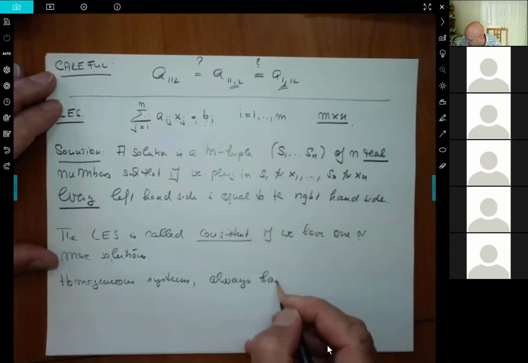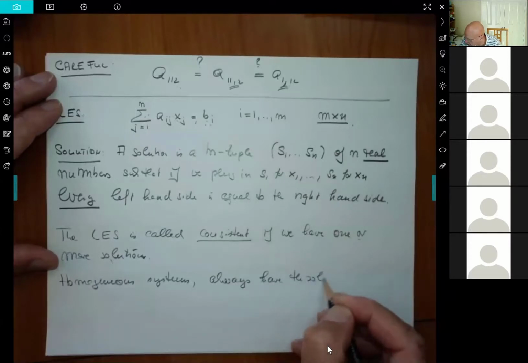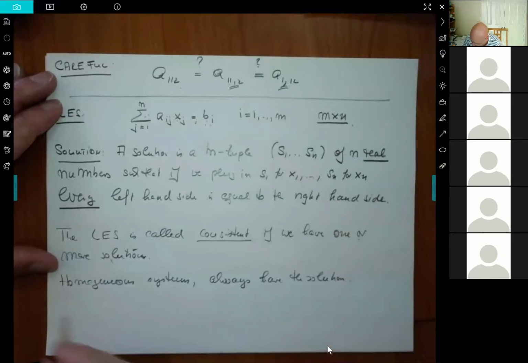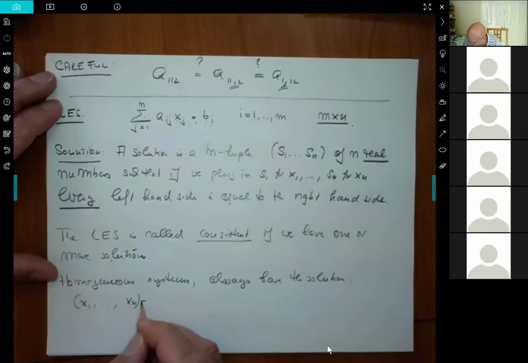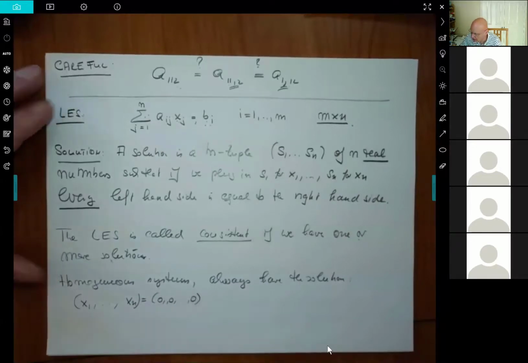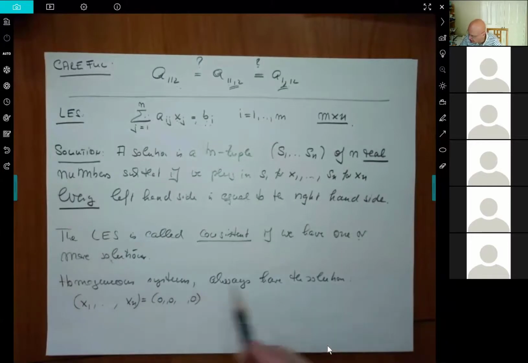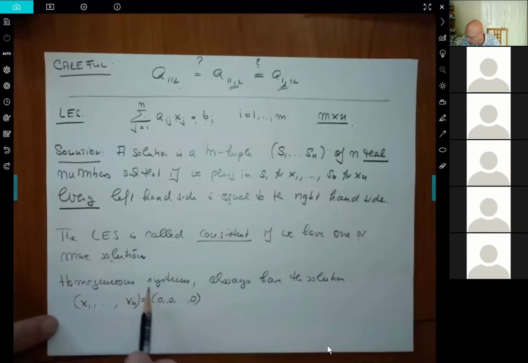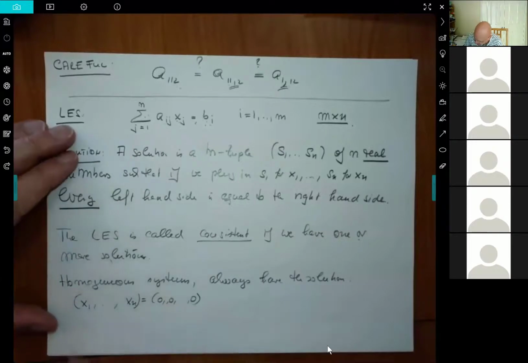Always have this solution, x1 up to xn equal to 0, 0, 0. So homogeneous systems always have at least one solution. Sometimes they have more solutions, but at least one solution. So that means homogeneous linear equation systems are always consistent.